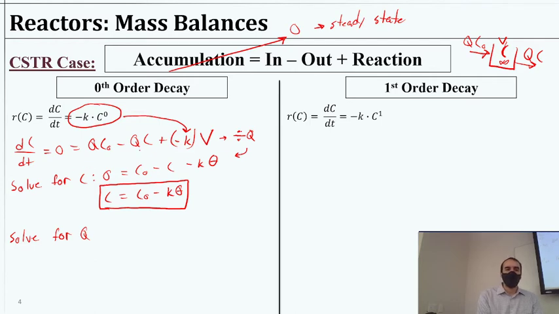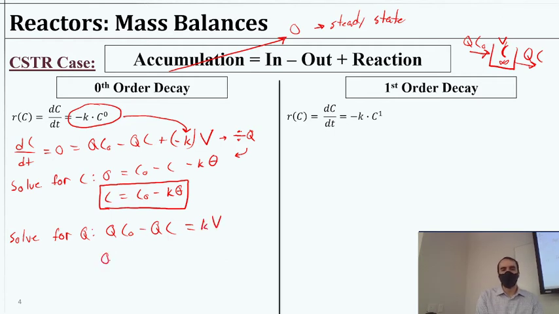And so in this case, maybe what I'll do is take the Q C naught minus QC and say that that's going to be equal to, so if we took both of these to the other side, or rather just moved this minus KV to the other side, that's going to be minus KV.